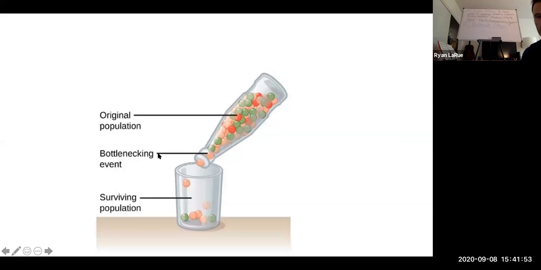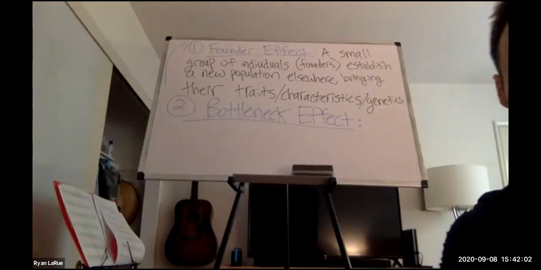Okay, so the bottleneck effect. Here's my little diagram. Go back to the whiteboard.